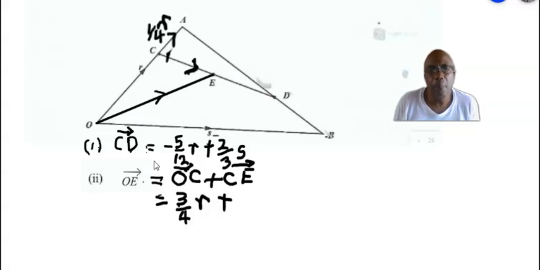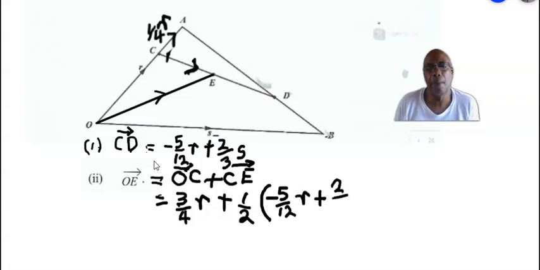So, plus a half of minus 5 over 12R plus 2/3 S. And so all we need to do right now is simplify that expression.